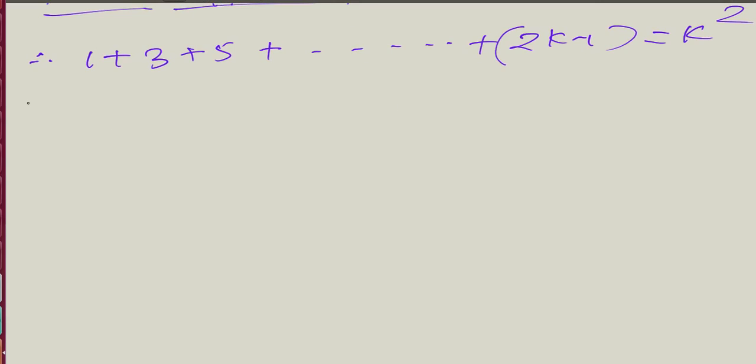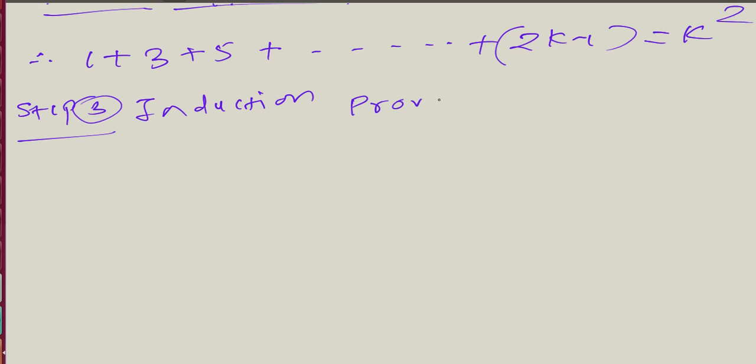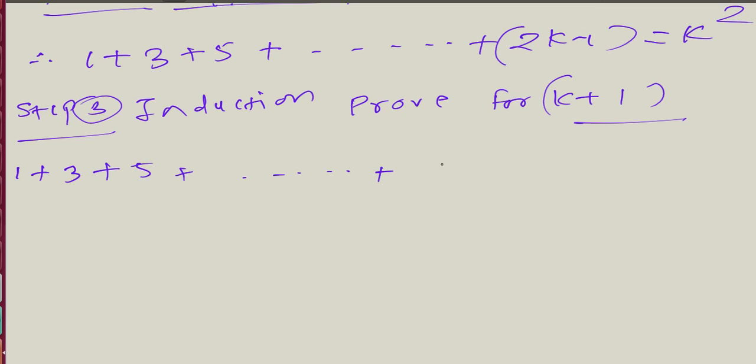So step 3 is induction. Prove for k+1. Therefore what we have to prove is 1 + 3 + 5 + ... + (2k − 1), that is up to the kth term. Now we have to prove for k+1, so in place of k substitute k+1.